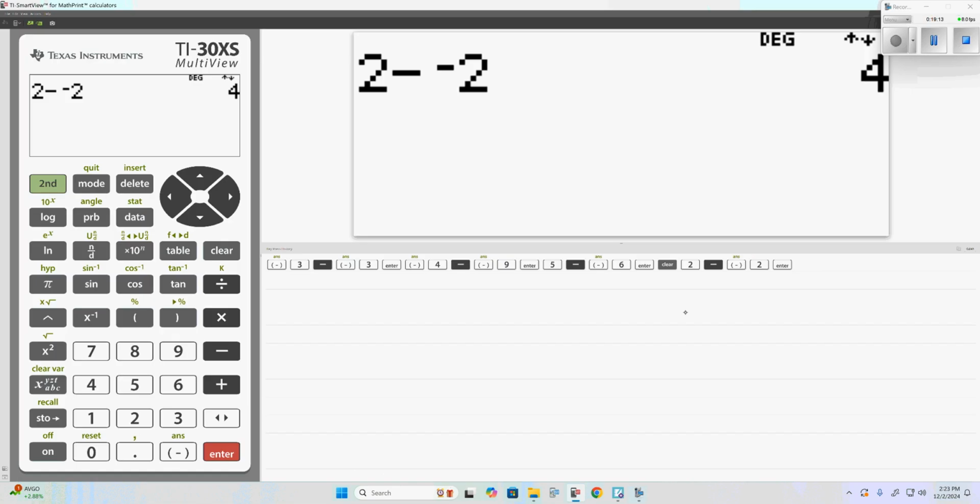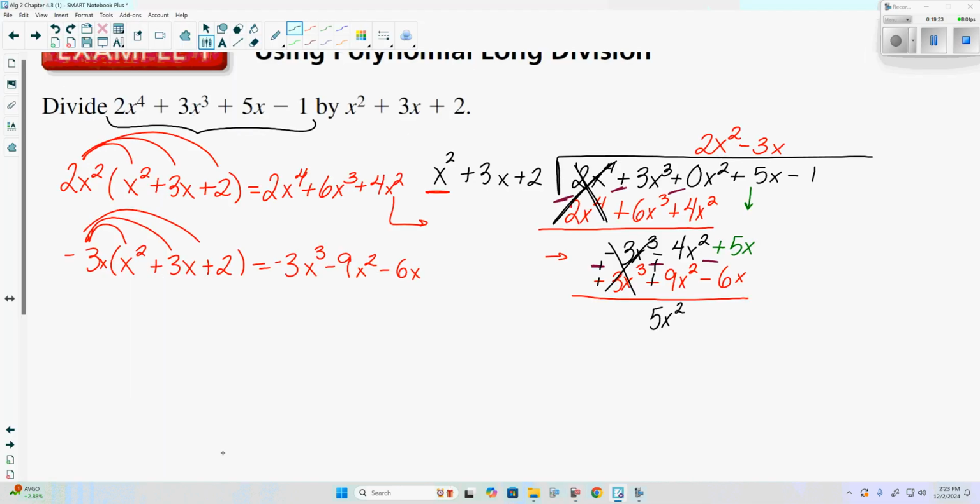We could say negative 4 minus negative 9 tells us positive 5, so positive 5x squared. And lastly, 5x minus negative 6. Well, the negative negative make a plus. 5x plus 6x is 11x.